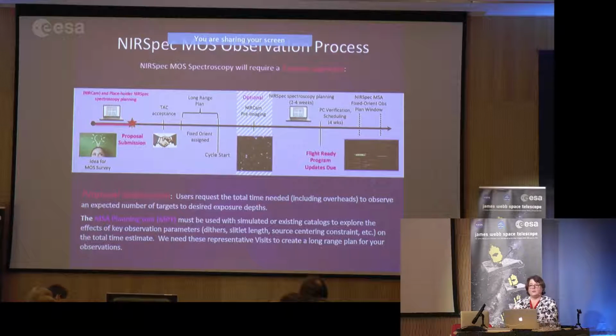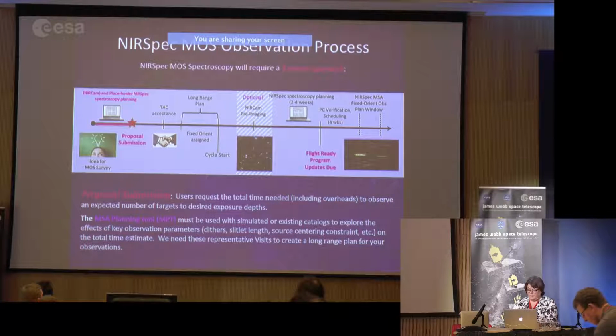That will break visits out in different ways potentially and have an impact on the exposure time request that you have to submit. I have a bar in here showing a NIRCam pre-imaging, and that's optional. We'll talk a little bit about that when I talk about target acquisition and the kind of accuracies that are needed to do MOS planning.